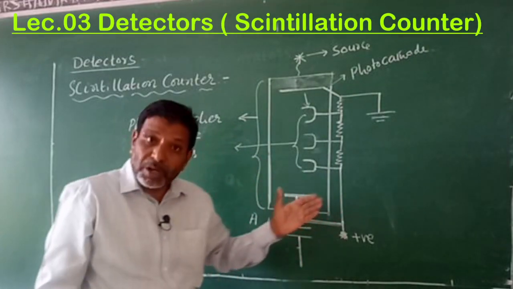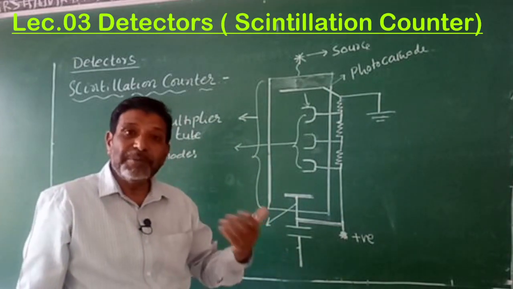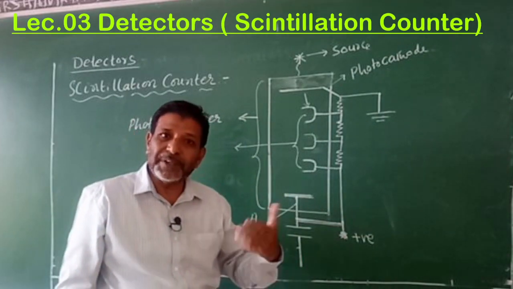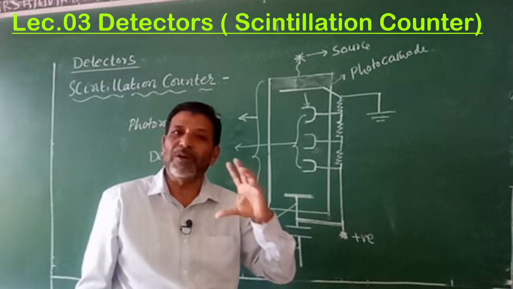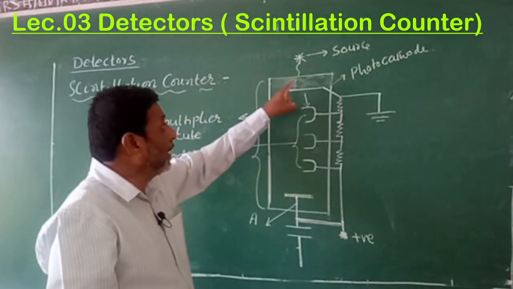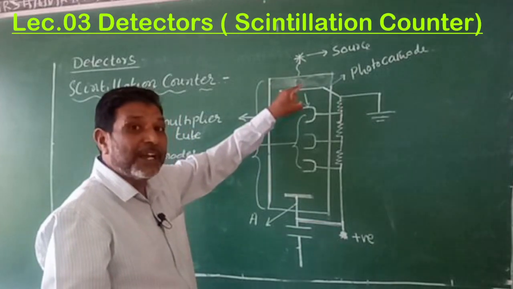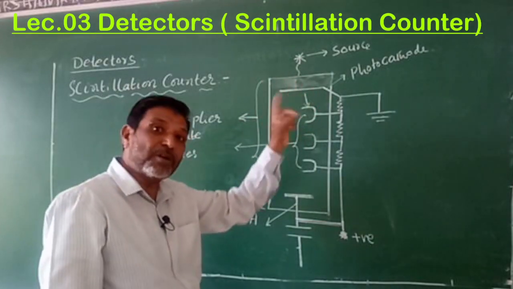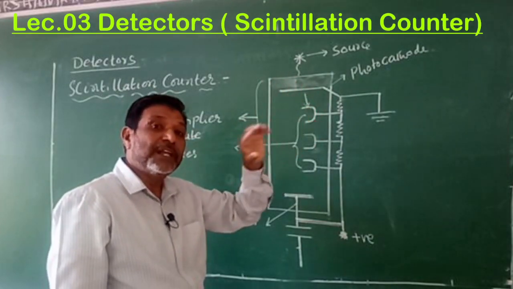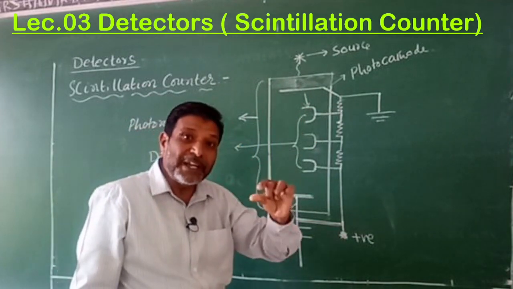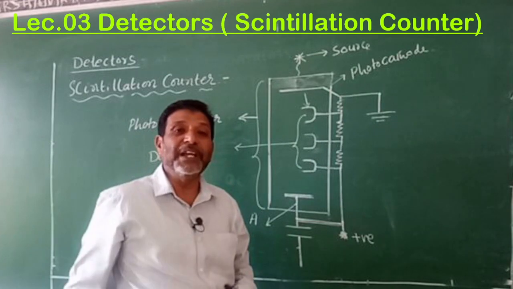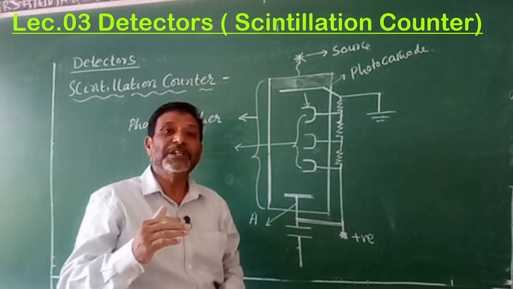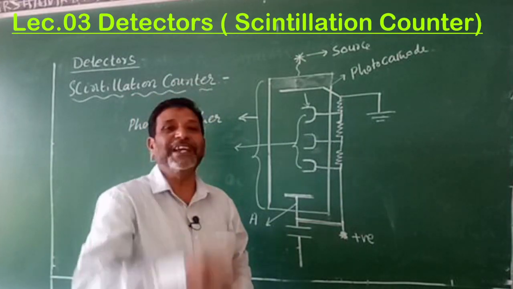Already we have discussed that whether the photoelectric effect, Compton effect or pair production takes place, ultimately it releases an electron. Then that emitted electron strikes the other atoms of the material, as a result of which those atoms go to the excited state.